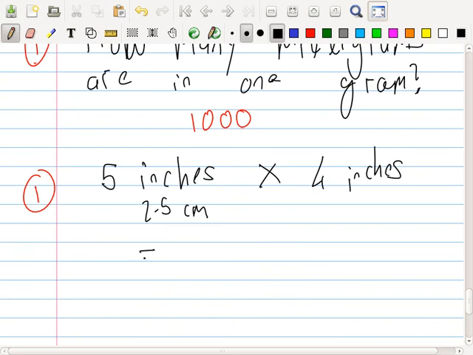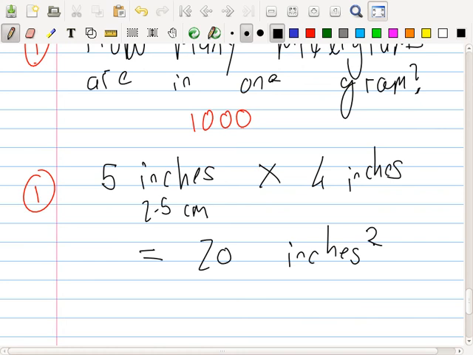What's that answer going to be? Firstly, are you allowed to do this? You are. Yes. What's the answer going to be? 20 inches? Not 20 inches, 20 inches squared. Yeah, just like here. Maybe this is 10 centimeters, and maybe this is 20 centimeters, and when you multiply them, what do you get? 200 centimeters squared.